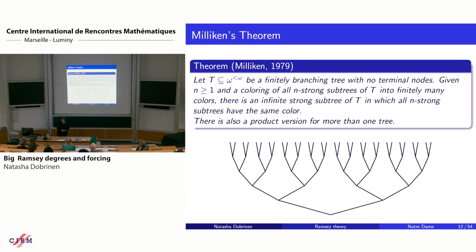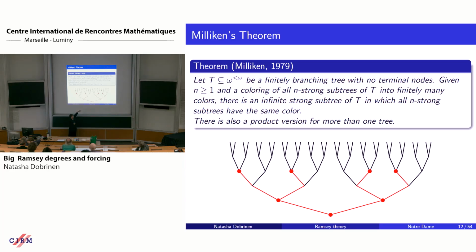Yeah, so a strong subtree is going to look like that. A strong subtree is going to have levels where things branch. Everything at that level branches maximally inside the ambient tree, and then nothing else branches. So between the branching levels, you can choose different paths. So it's not like Silver trees, which have to go the same ways.